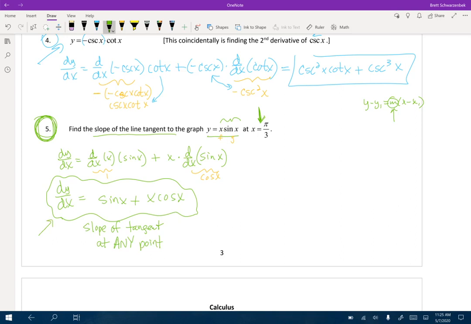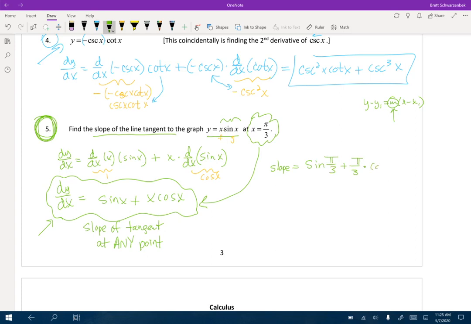But in this problem, they specifically are looking for the slope of the tangent at x equals pi over 3. So what we need to do is find the slope, which is going to be equal to taking pi over 3 and subbing it into our function for x.